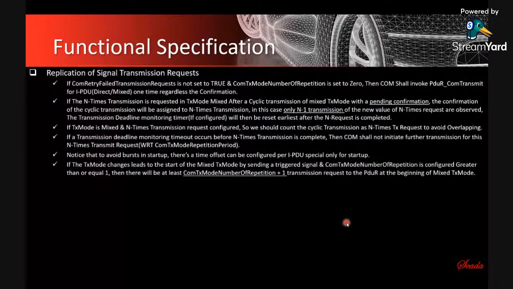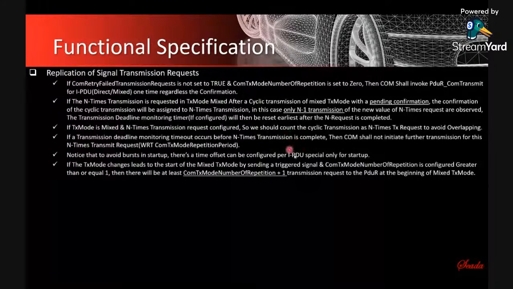You have a transmit mode triggered, transfer property signal, and transmit mode mixed. So the PDU is transmitted periodically, and you have a direct request coming by a triggered transfer signal, and we have a number of repetitions. Then how many transmissions are going to happen? It's the number of repetitions plus one for the current transmission.